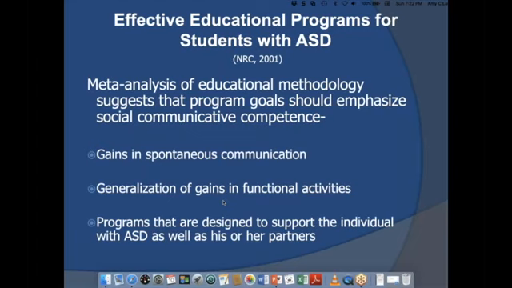The second bullet, gains across functional activities: you have to be well regulated to be able to use your skills in different settings. And the transactional support piece, the part where we're part of the solution as well as part of the problem and willing to change as well, layers on this idea that we need to support partners as well as children on the spectrum or with related needs.